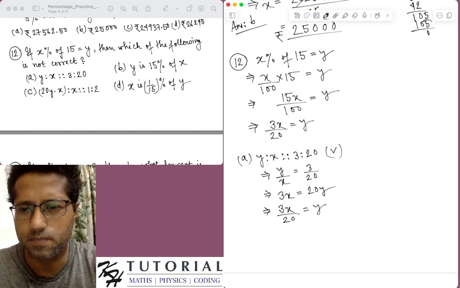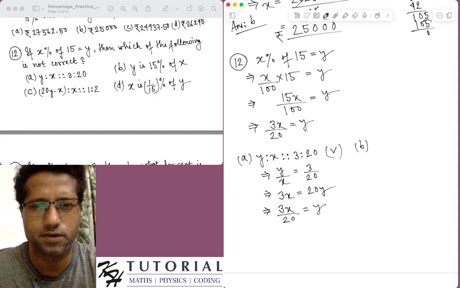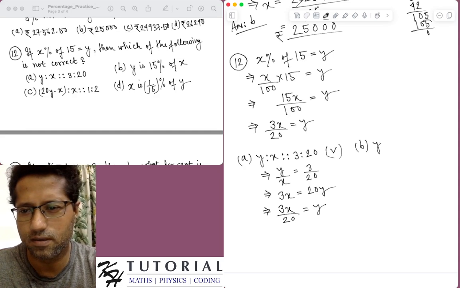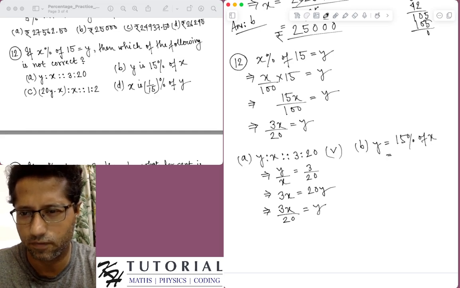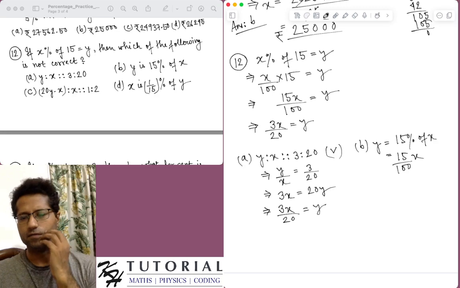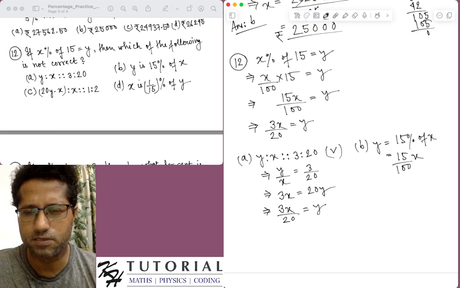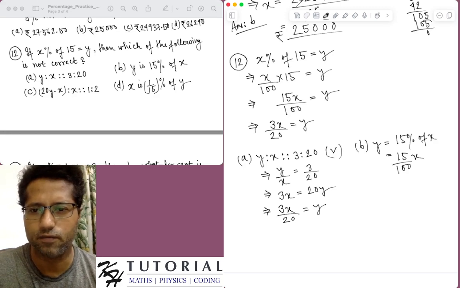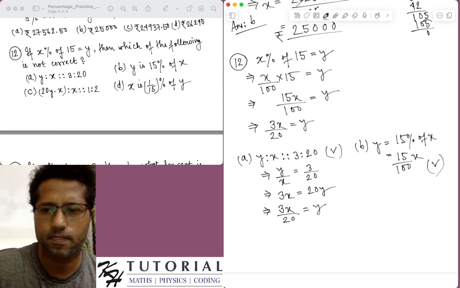Let's see B. What is B? B is that Y is 15% of X. This is 15% of X, which means 15 by 100 into X. So definitely Y is equal to 15X by 100, because from the fact that X percent of 15 equals Y, we already found that 15X by 100 equals Y. So this statement is also correct.